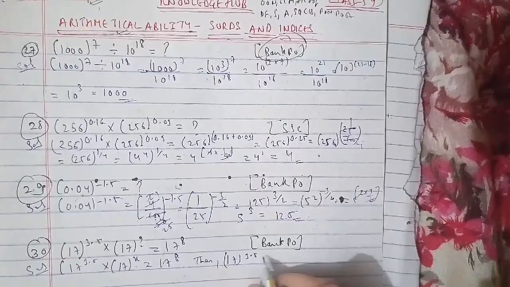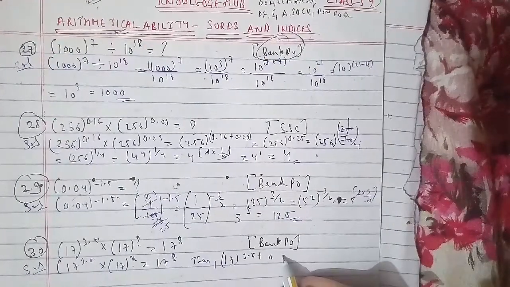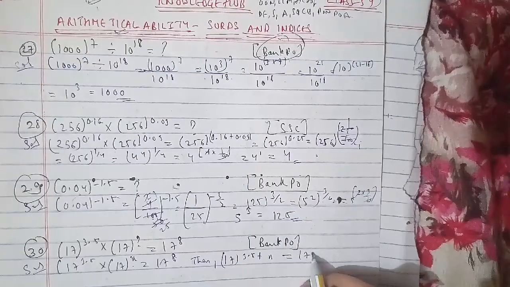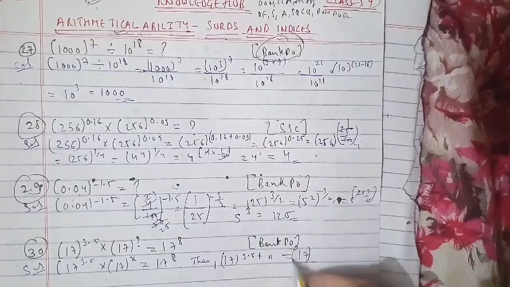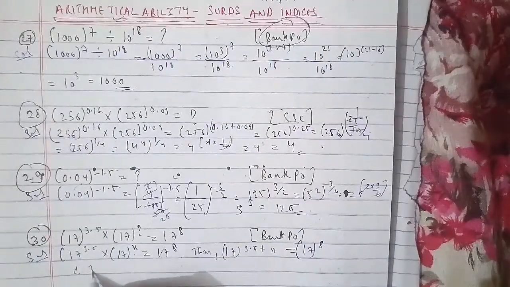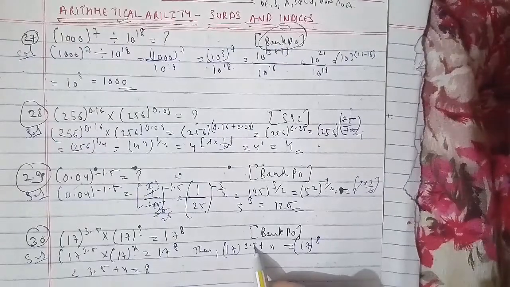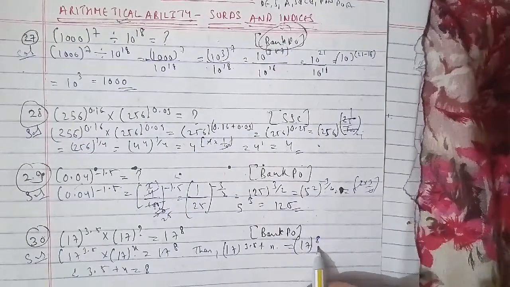We just solve the power here itself. So we get x equals 8 minus 3.5, so 3.5 goes to the other side with minus, and x equals 4.5. That will be the right answer for this particular question as well.